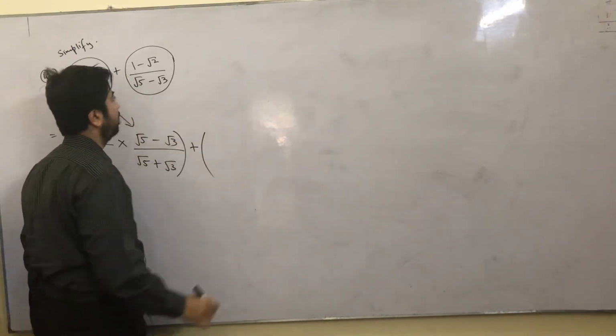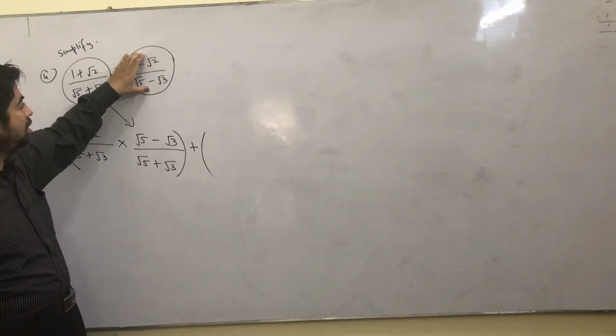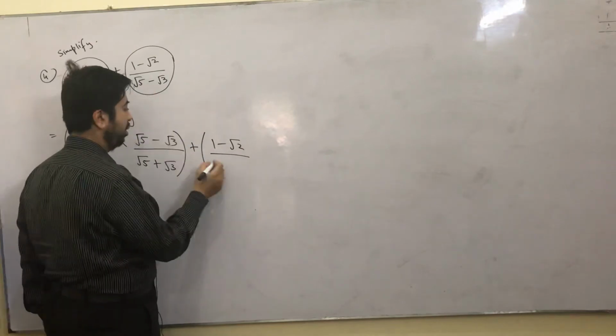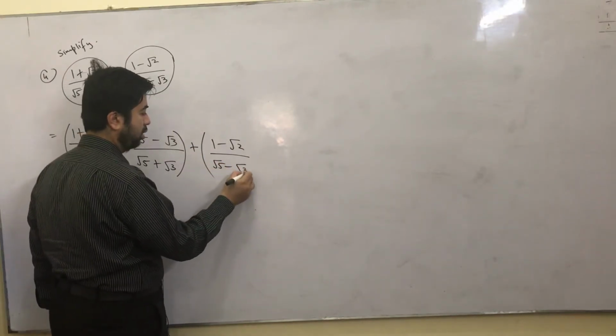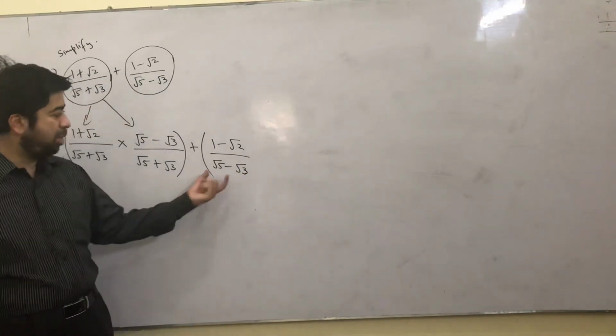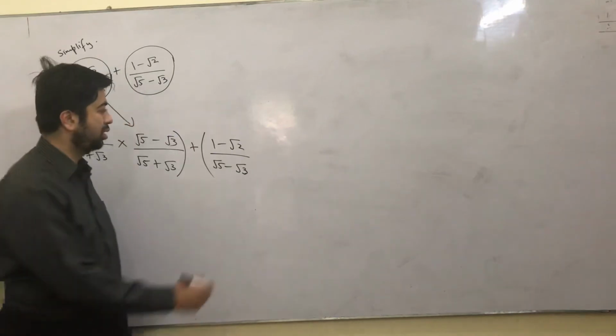And now I am going to solve this part. This is 1 minus under root 2, and in the denominator square root 5 minus square root 3. But the denominator is also irrational, so multiply and divide with its conjugate.